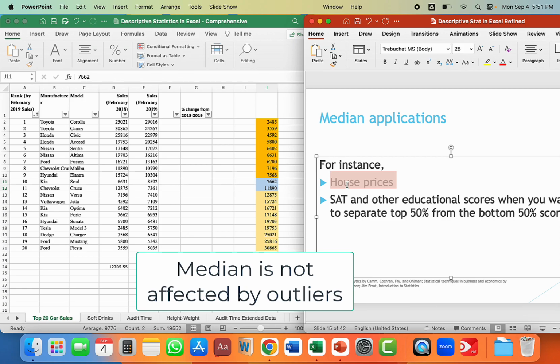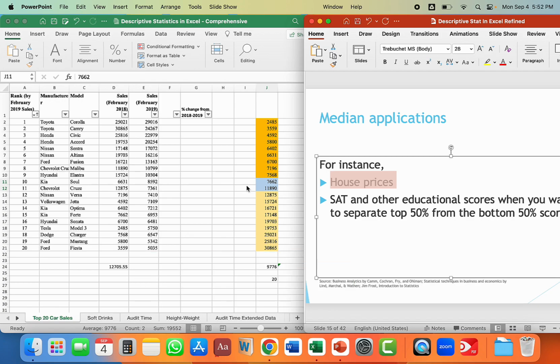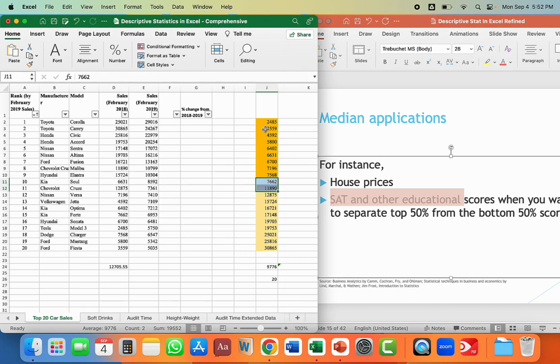Therefore you want to know the median one, because median is not affected by those outliers. Median is a good indicator of house value. And similarly, when we use SAT score or other educational purposes, and we want to separate out the top 50% from the bottom 50%, we use median.